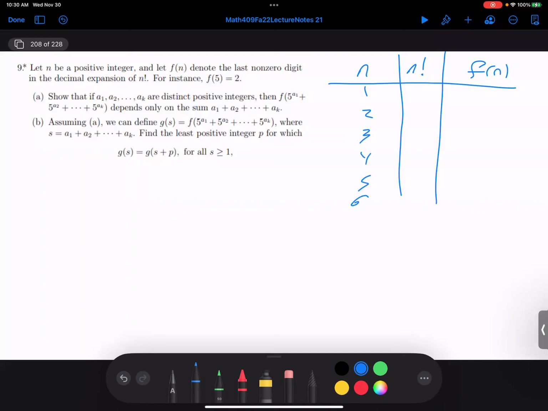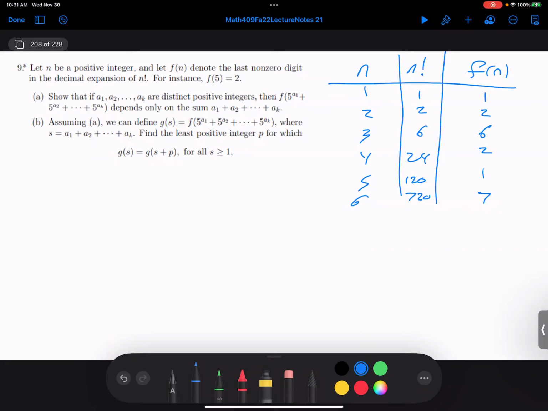We made a table of factorials last time. So it's 1, 2, 6, 24, 120, 720. And so f of n would be 1, then 2, then 6, then 2, then 1, then 7.